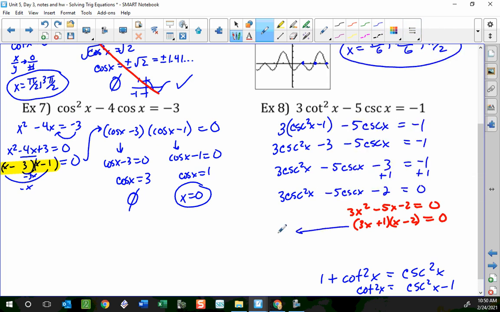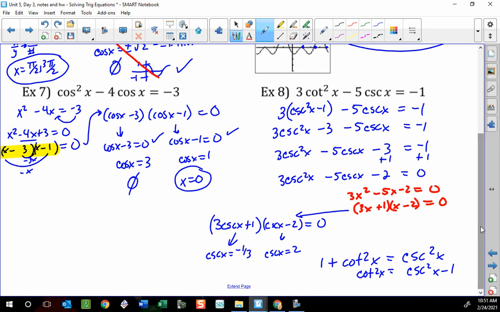So I have 3 cosecant plus 1, and I have cosecant minus 2. If I set this equal to 0, 3 cosecant x plus 1 equals 0, I will get cosecant x equals negative 1/3. If I set this equal to 0, I will get cosecant equals 2. I'm just talking about doing this part, but then kind of doing the rest in my head.